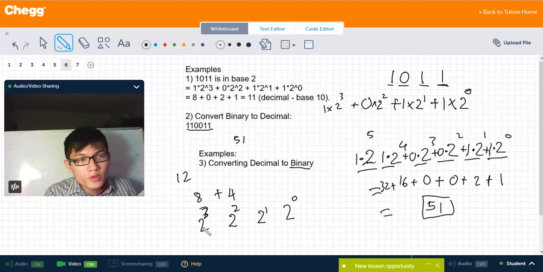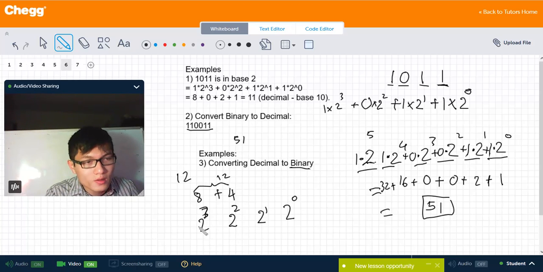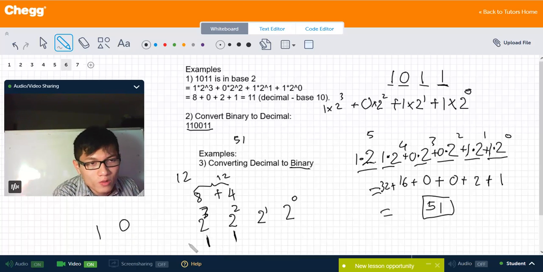So 2 to the third power is 8. 2 to the second, 2 squared, is 4. 8 plus 4 is 12. So these two guys are sufficient to convert to binary. So in this location, you want to have the coefficient of 1. You don't want 0 here, because you want to take the value of this.